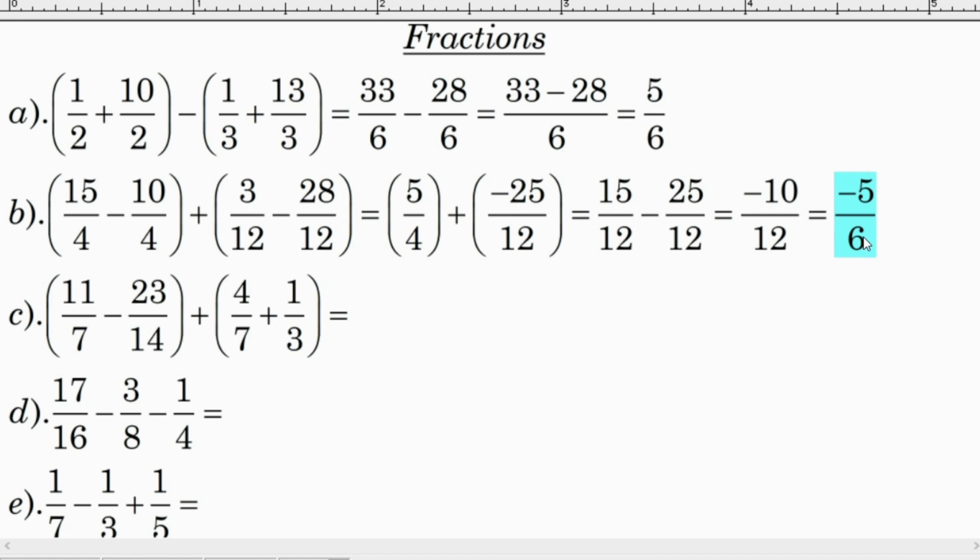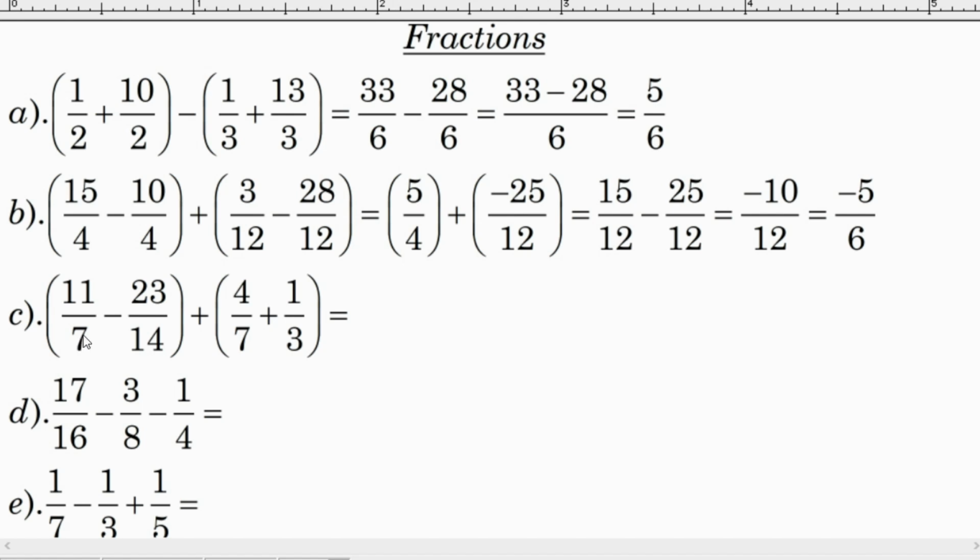Okay, again, so next we have to solve C here. So we have 11 divided by 7 minus 23 divided by 14. So here we also have to find the same denominator. So 7 and 14.